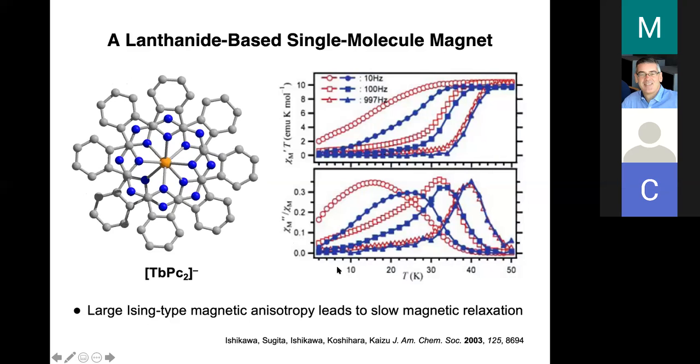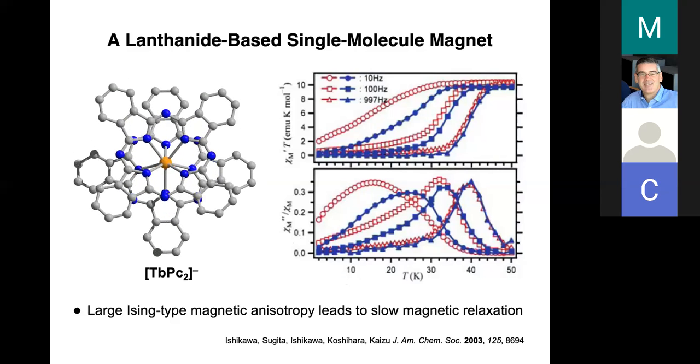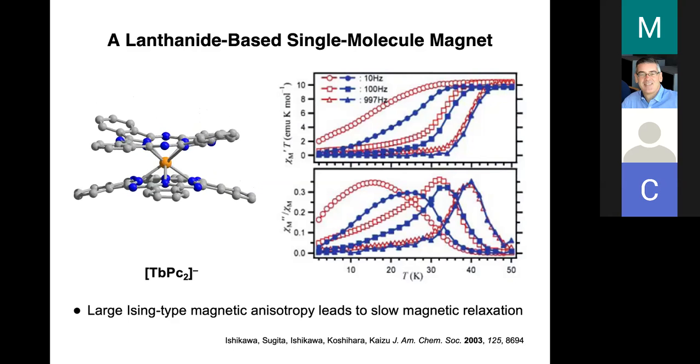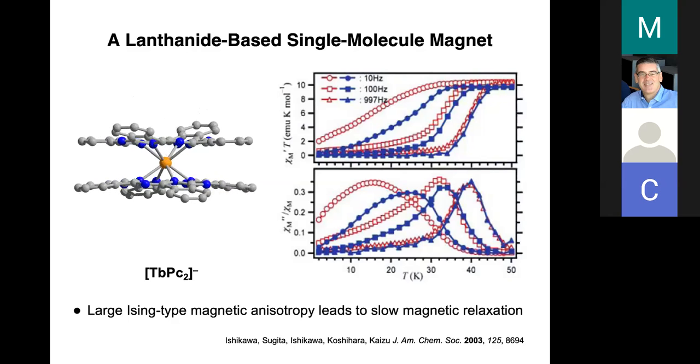By this technique, they saw that there was very slow relaxation for this terbium complex, and it had a very large relaxation barrier compared to any of the transition metal compounds that had been studied. And so that was very exciting.